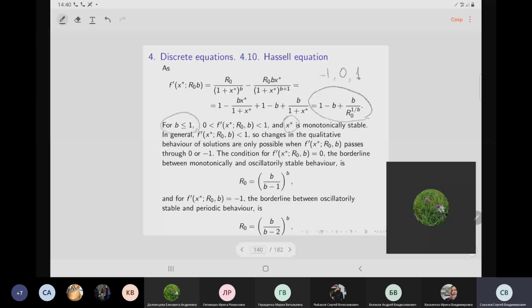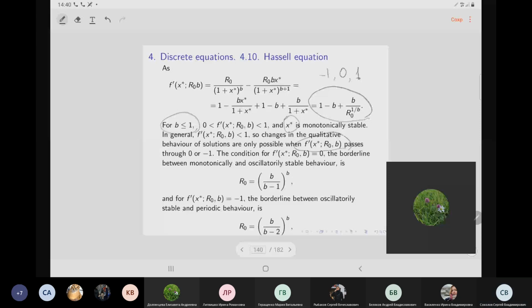And in general, we see that f prime is less than 1. So the bifurcation points are possible only when f prime of the equilibrium passes through 0 and -1.